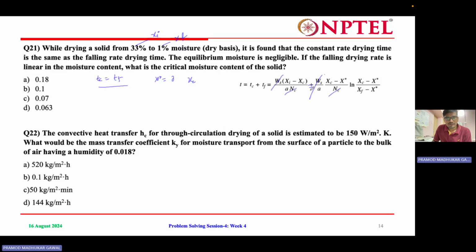Now Xi minus Xc equals, here is a 0, so this term also cancels. So we get Xi minus Xc is equal to Xc ln of Xc over Xf. Here Xf is given as 0.01 and Xi is 0.33. So calculate, and you will get the value. I already calculated Xc is equal to 0.1.